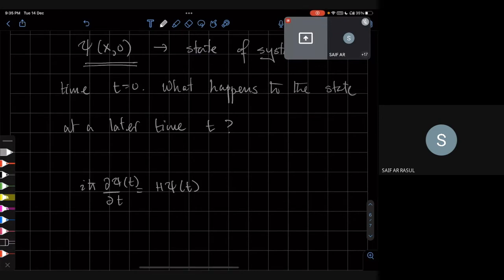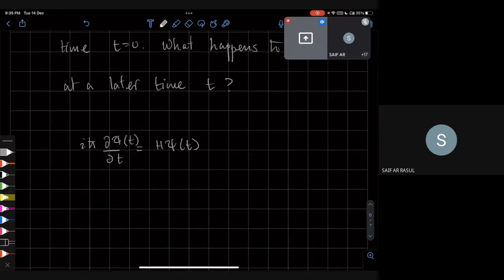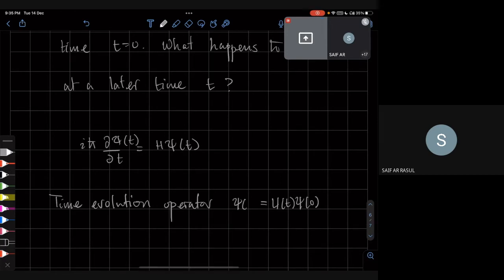So let me introduce a time evolution operator. What it'll do is take my state at time 0, and if I apply this operator, let me call it U, on the psi, it gives me the state at a later time. Okay, so this is the definition of the time evolution operator U.